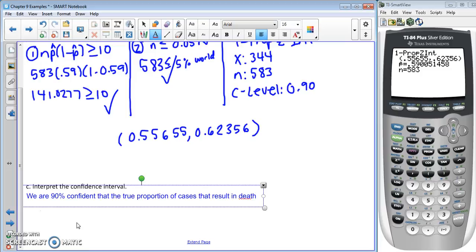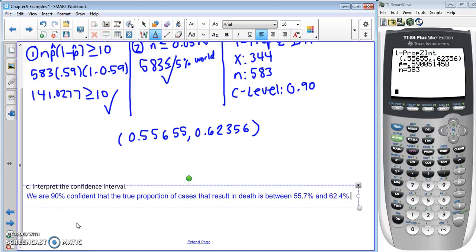So in this case, we're talking about the bird flu. So the true proportion of cases that result in death is between 55.7% and 62.4%. So I just round it there.